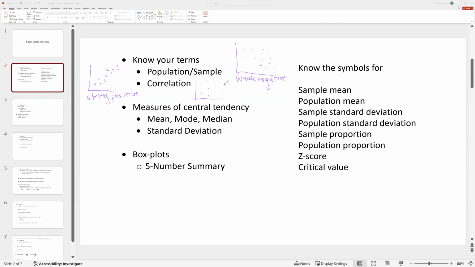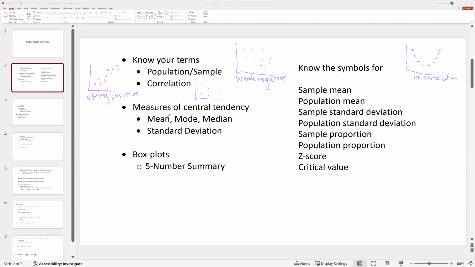There's no real pattern to it. Or oddly, no correlation, let me go over here, could be even something that looks like this. While there's certainly a pattern to it, it's not a linear pattern. So that would be a no correlation, as well as your just random smattering of points.